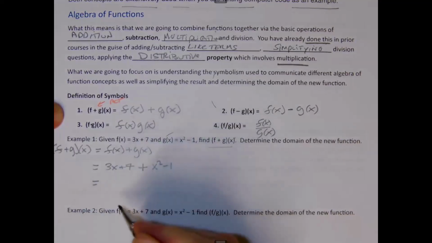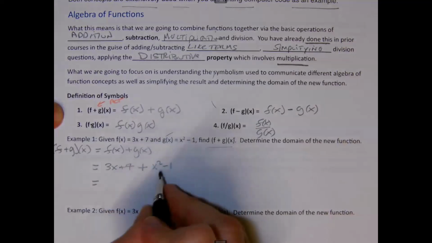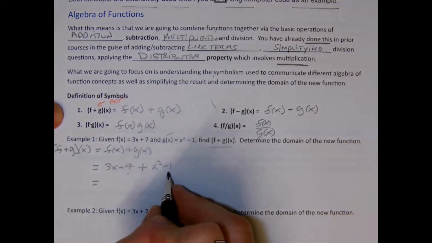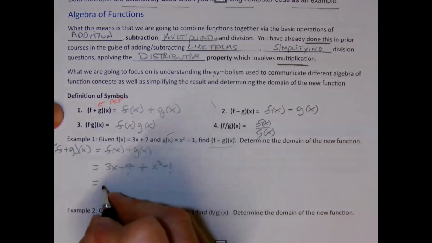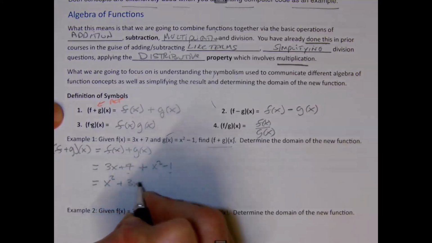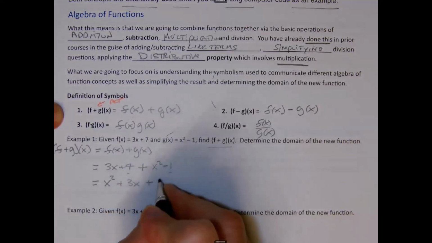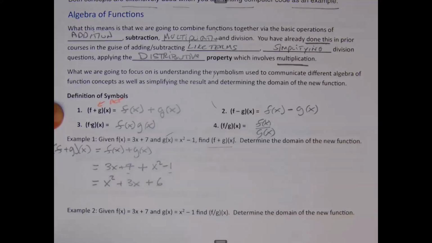The only thing left to do at this point is add like terms, and I'm going to rearrange these in order. The only like terms are the 7 and the -1. So I'm going to write x squared plus 3x, and then compute 7 subtract 1, which is 6, and I am done.